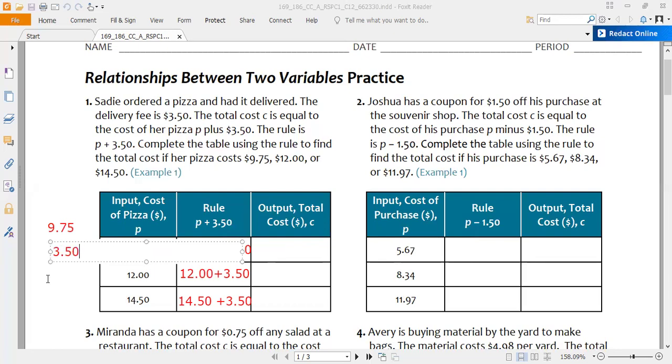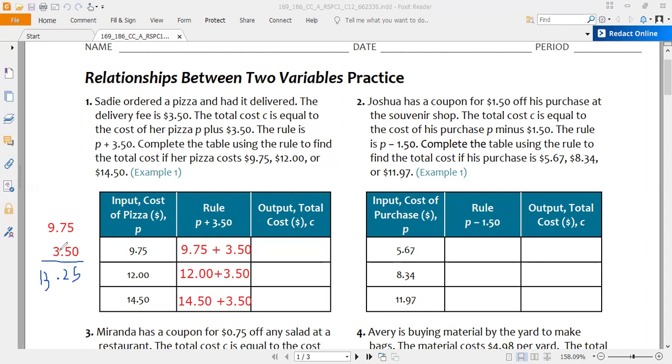If we add these two numbers, 5 plus 0 will be 5 and 7 plus 5 will be 12, and we have remaining 1. So 9 plus 3 will be 12 and 12 plus 1 will be 13.